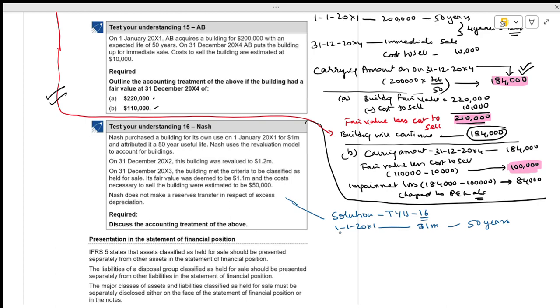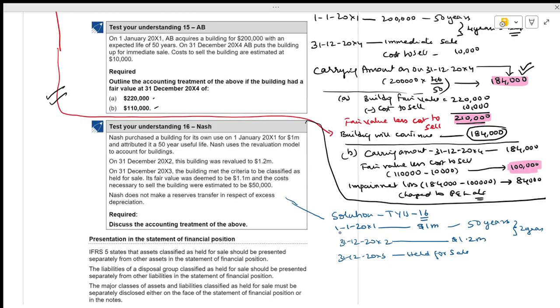On 31st December 2002, after 2 years, the building was revalued to 1.2 million. On 31st December 2003, the building met the criteria to be classified as held for sale.